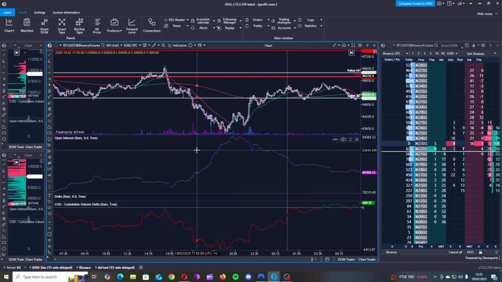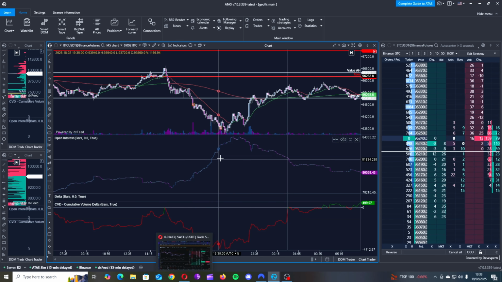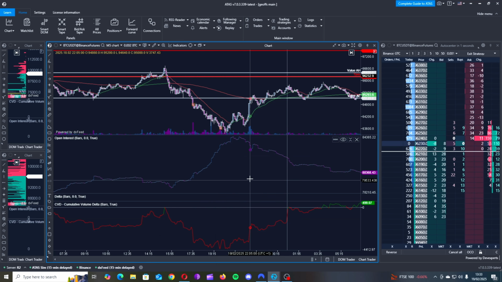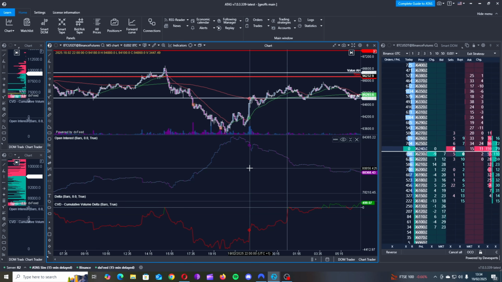So I'm on a trading platform called Atos, and this shows you real-time data. If you're on something like TradingView, you tend not to be able to get the real-time tick data or chart data, whatever you want to call it.